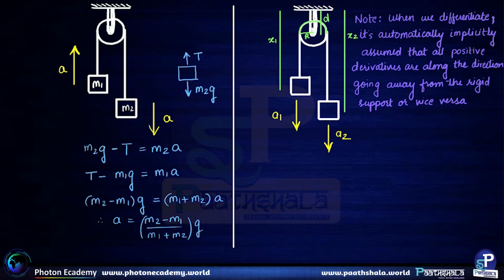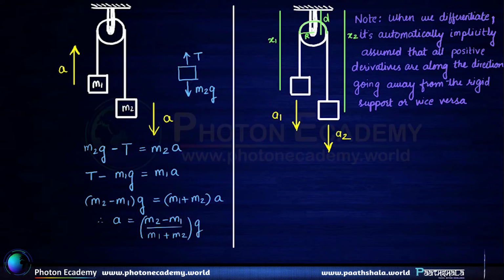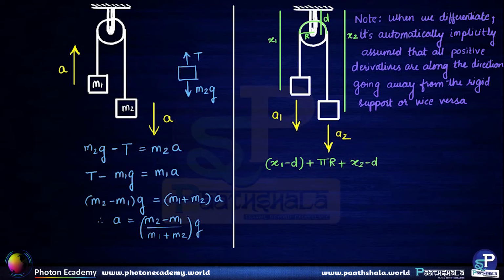So half of the circumference of the pulley is going to be equal to pi r. So x1 minus d plus pi r plus x2 minus d. This will give us the total length of the string.